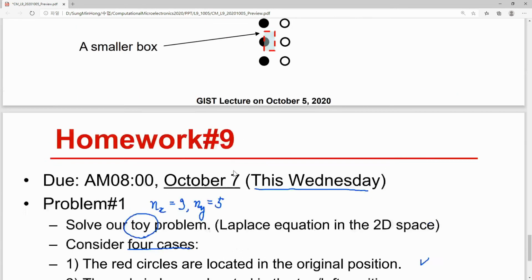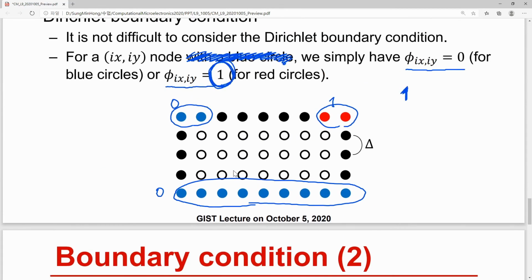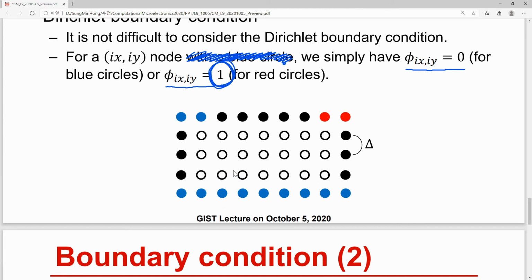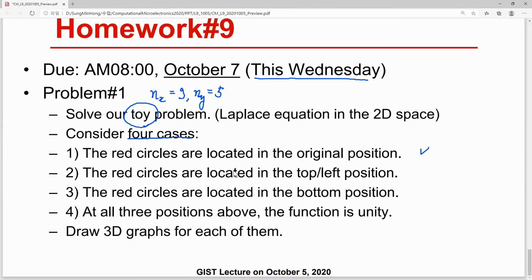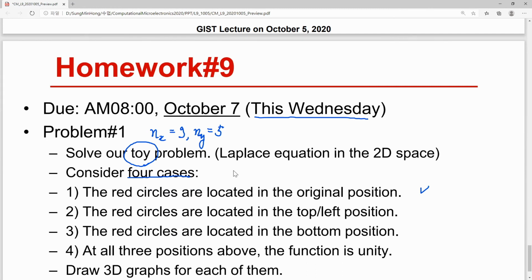So what is it? It is corresponding to our original problem. The top right surface is set to be 1 and all other are set to be 0, and homogeneous Neumann boundary condition is applied. So the original problem is our sub-problem, the first.